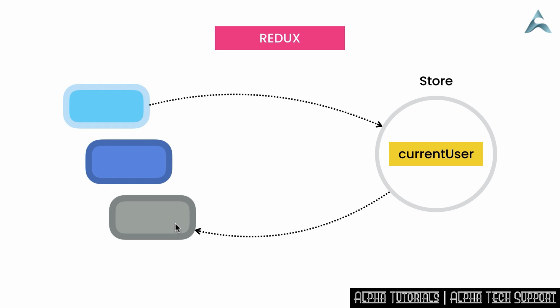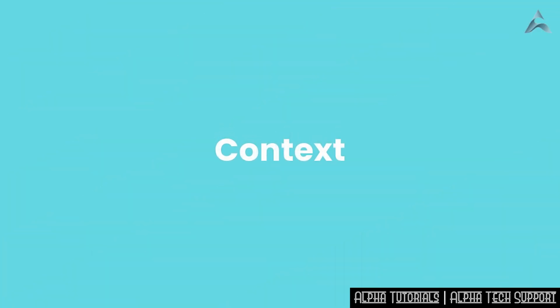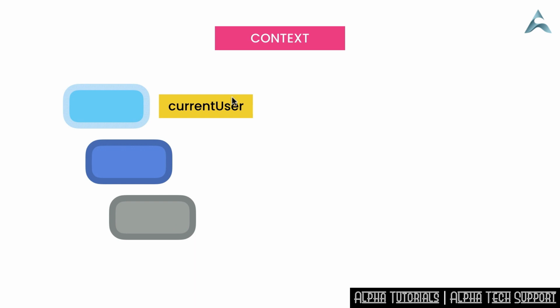Now, Redux really requires its own course, and that's something I'm planning to do in the near future. But if you have some experience with Redux, you probably know that Redux brings a lot of complexity. So a few years later, the React team introduced a new concept in React, context. With context, we can pass data down our component tree without prop drilling.